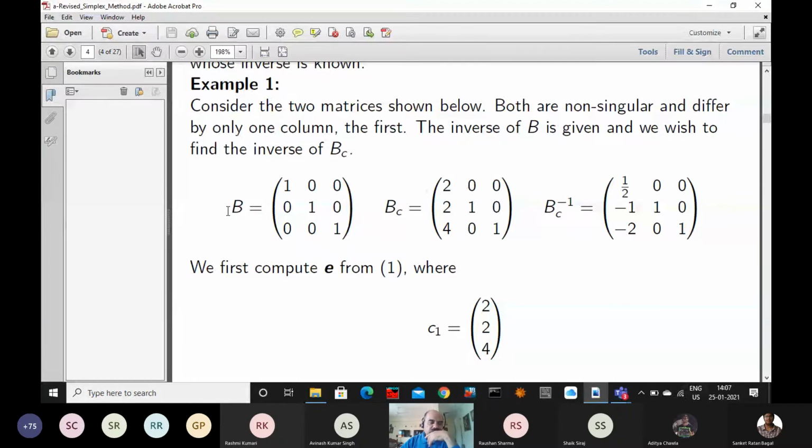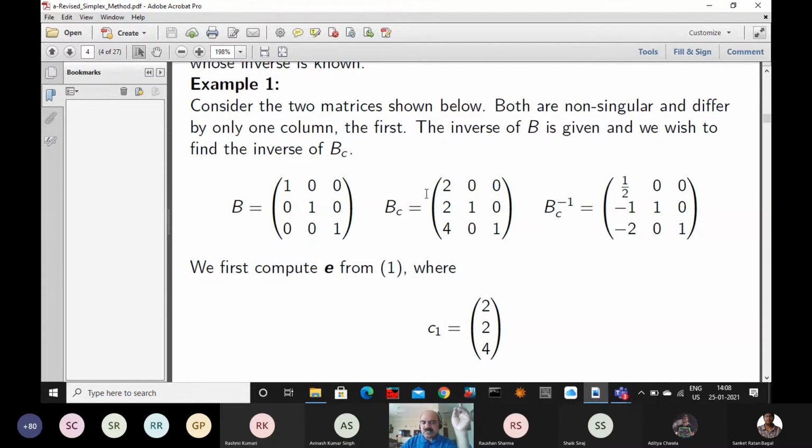The B matrix has first column 1 0 0, second column 0 1 0, third column 0 0 1. That is an identity matrix. Now if you compare BC with B, the middle column is the same, the last column is the same, only the first column is different. Instead of 1 0 0 we are replacing it with 2 2 4.